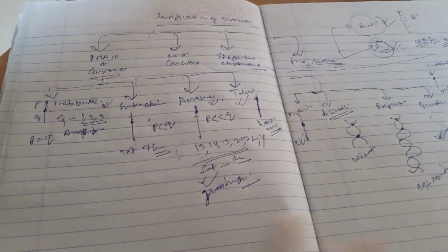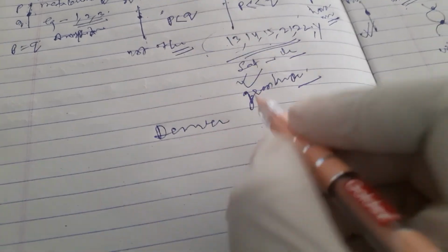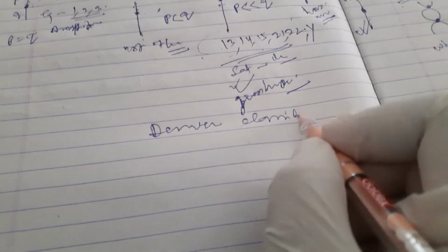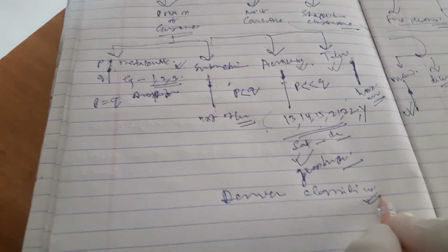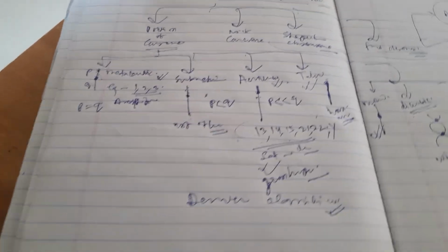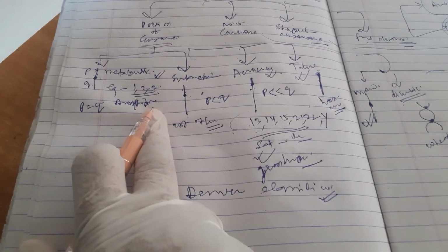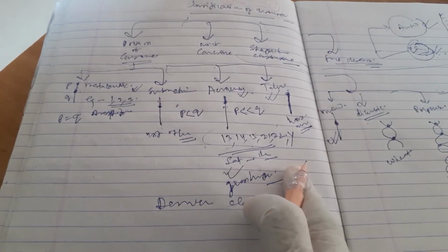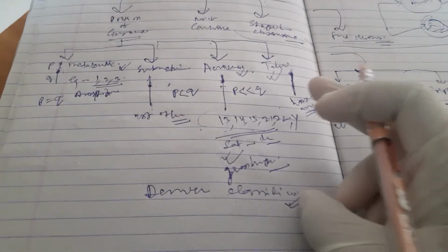Now the most accepted theory for the classification of chromosomes is the Denver classification, in which the basis is the position of the centromere and the size of the chromosome.